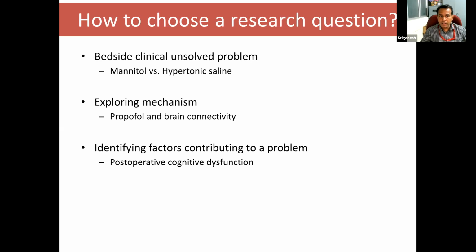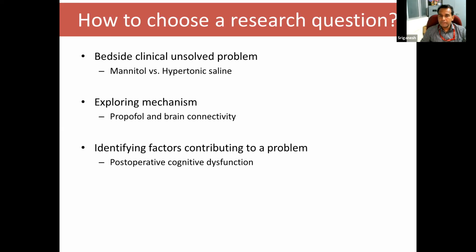The third area is a particular problem, for example, postoperative cognitive dysfunction. Now, I want to know whether the factors that contribute to postoperative cognitive dysfunction are similar in the neurosurgical population as compared to the general surgical population, because there are certain unique factors that can predispose neurosurgical patients to postoperative cognitive dysfunction. So I want to plan a study.